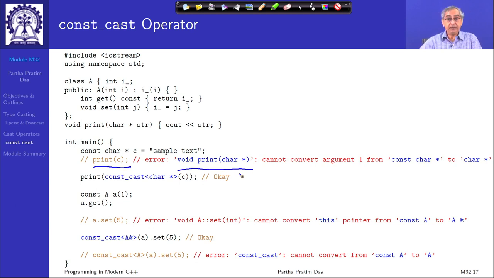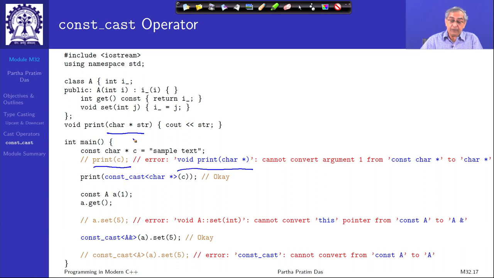Why should I get an error? Because I am passing a pointer to a constant string to a pointer where it is a non-constant object.